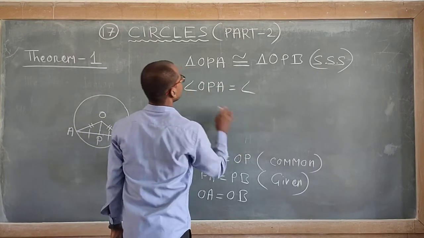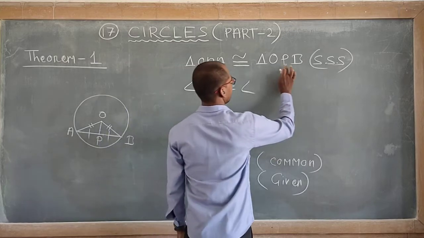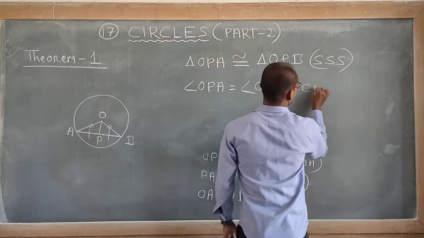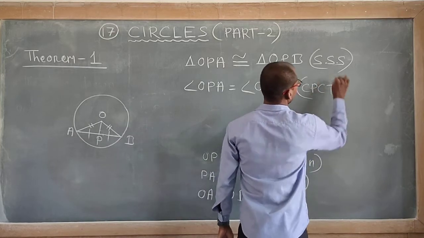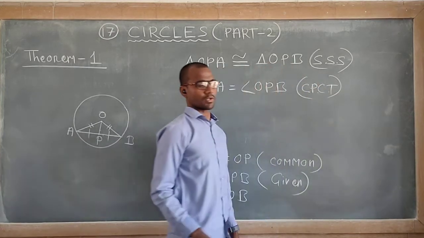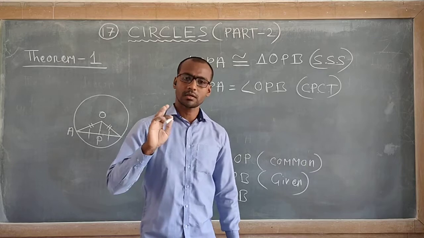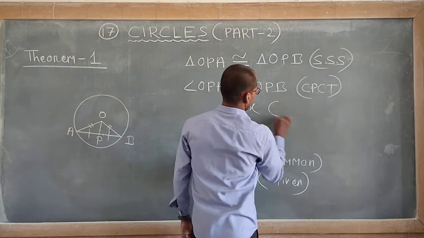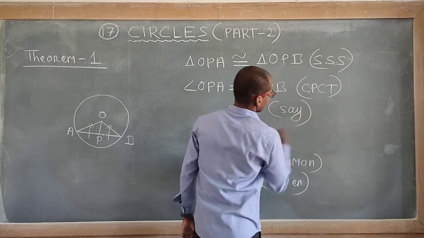After that we can say angle OPA is equal to angle OPB. How? By CPCT, corresponding parts of congruent triangles are congruent. So let these two angles be x.